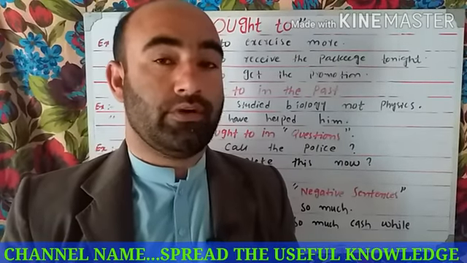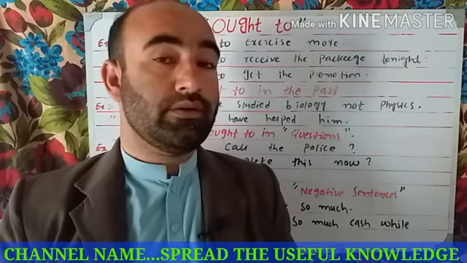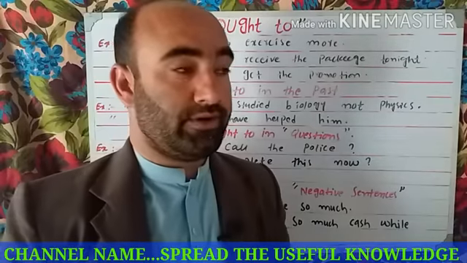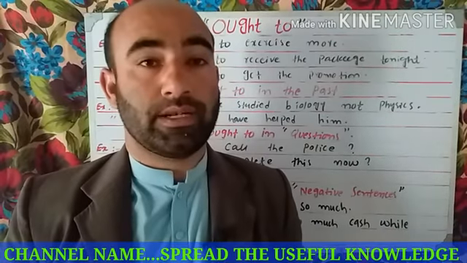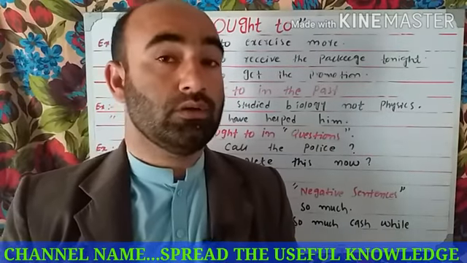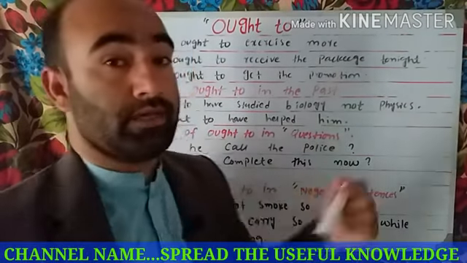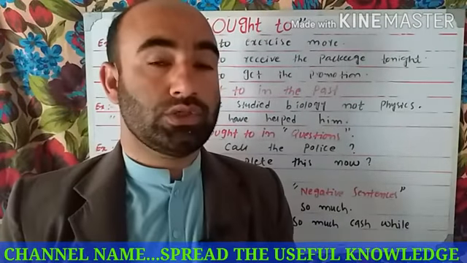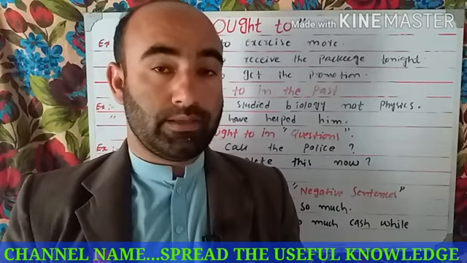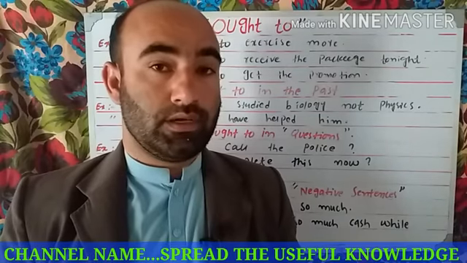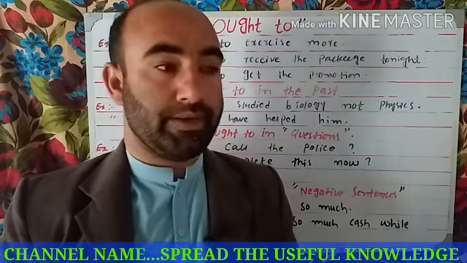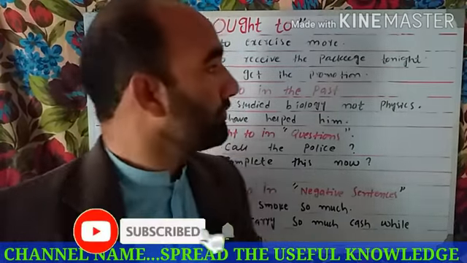Not the second form, the third form, or the ing form will be written with the modal verbs. And here we are talking about the present. So in the present we use ought to plus the base form of the verb.